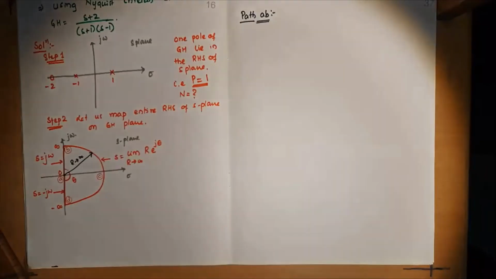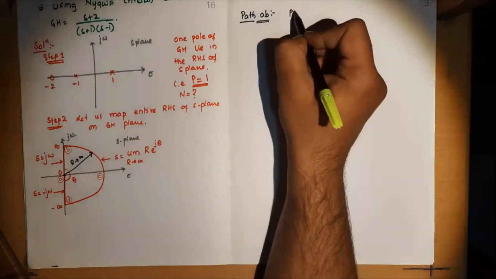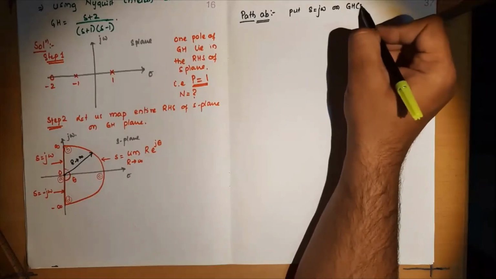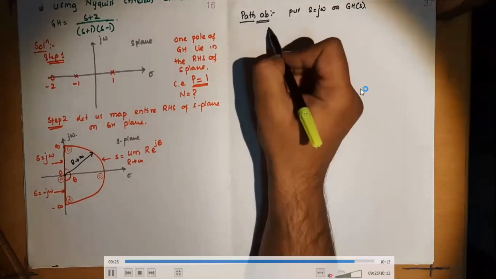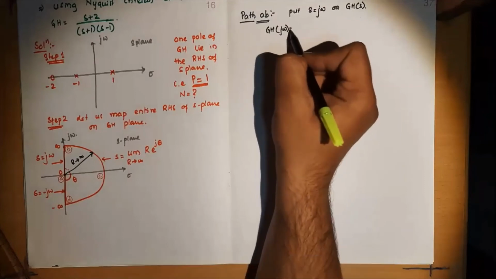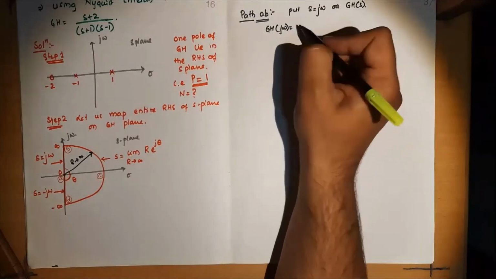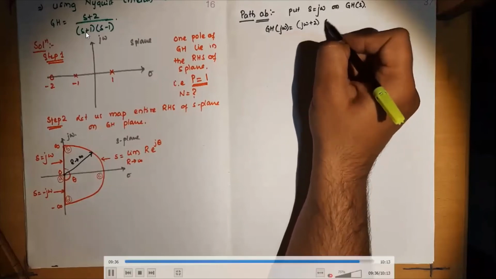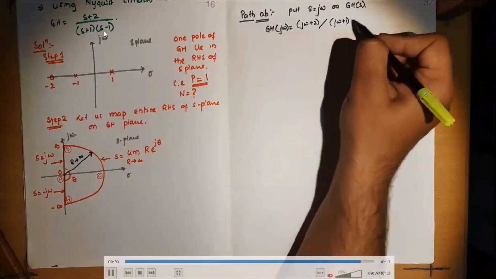So start mapping. Let us map path AB first. So this is path AB. Let us substitute S equal to j omega in G of S, H of S. So you will get GH of j omega equals j omega plus 2 divided by j omega plus 1 into j omega minus 1.